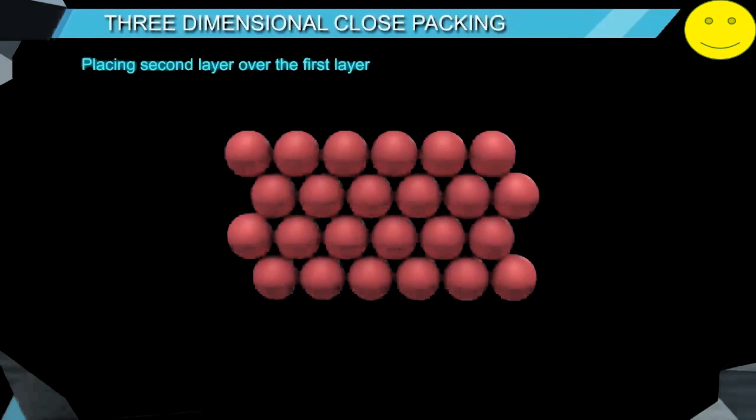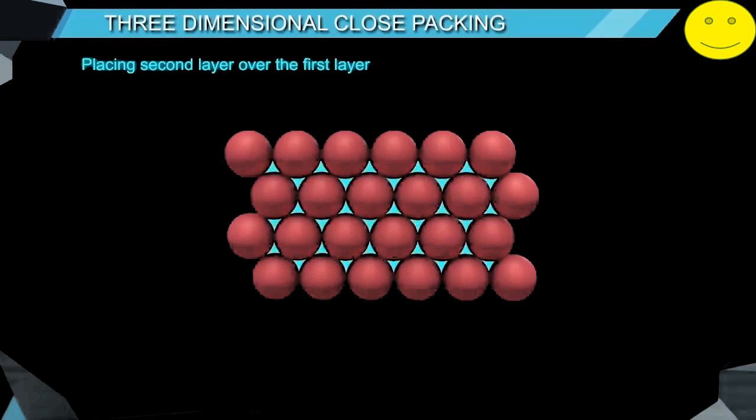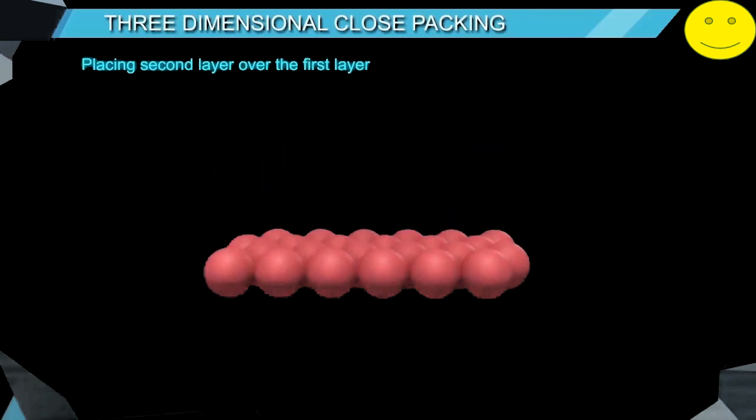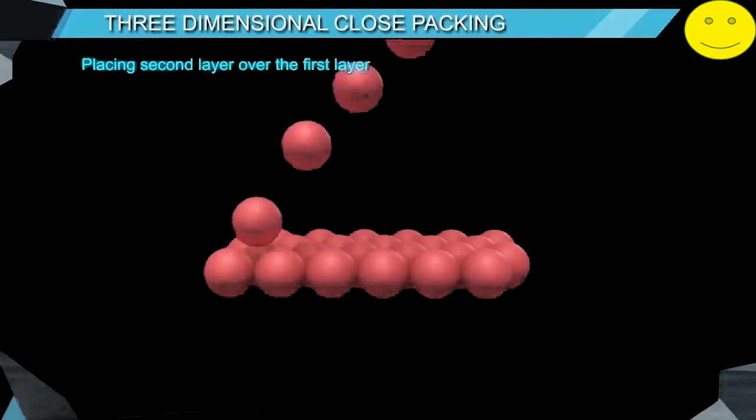Let us take two-dimensional hexagonal packed layer A. Notice this layer has triangular voids. Place a similar close packed layer in such a way that the spheres of the second layer are placed on the depressions of the first layer.